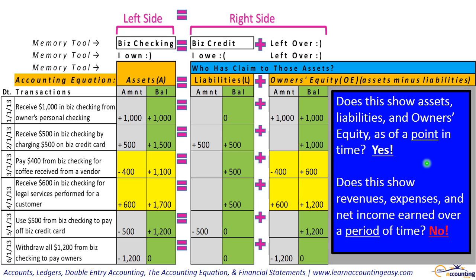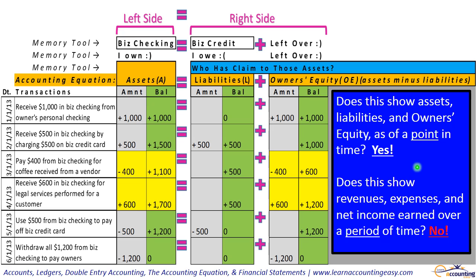If you think back to the second slide showing the overall purpose of accounting, where we saw that we wanted to provide information for making decisions and we wanted to provide financial position, assets, liabilities, and owner's equity as of a point in time, well, we can ask the question, does this accounting equation framework that we see here show us that? Well, let's take June 1st, for example. On June 1st, this point in time, can we see assets, liabilities, and owner's equity? Absolutely. So the answer to that question is yes.